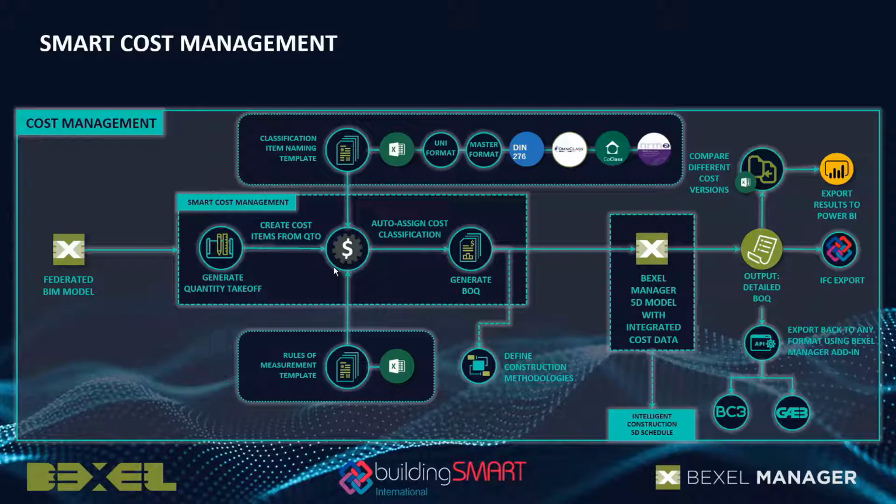This is going to be done through a smart cost management process within Bexel Manager, which allows the user to define a work breakdown structure and, using additional knowledge templates for cost classification, naming and rules of measurement information, creates a complete cost classification based on the information within the model.